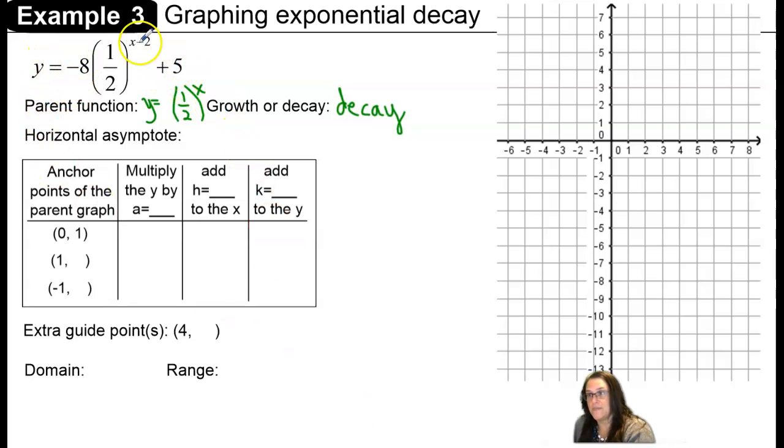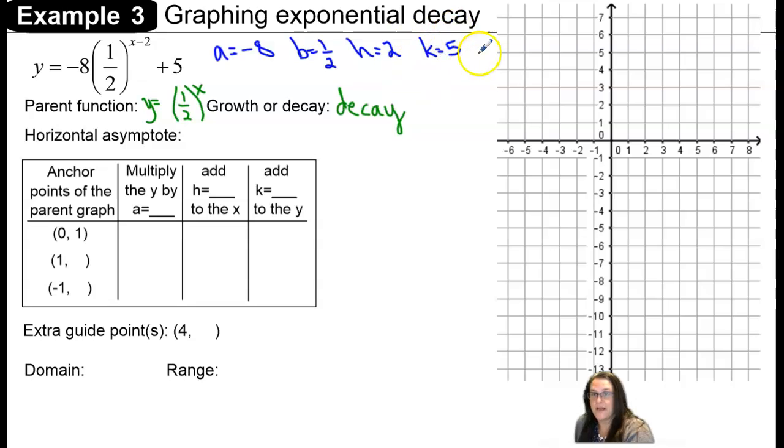When we label each of those from transformation form, our a is the multiplier out front of the base, so that's a -8. The b is the base, and our base is 1/2. The h is up here with the x, so x minus h means our h is a +2, and then the k is the constant on the end, and that's a +5.